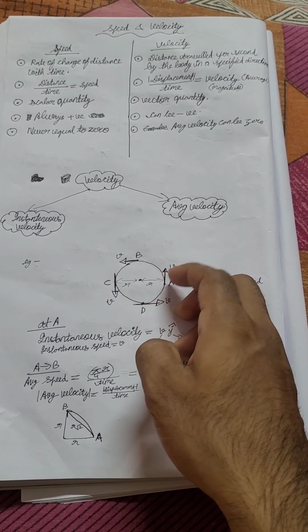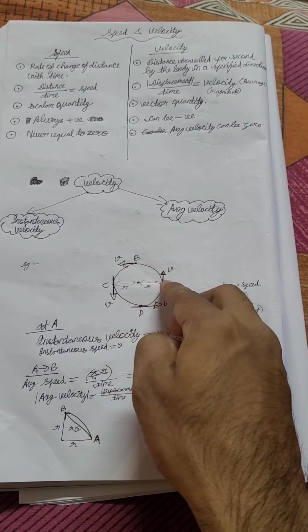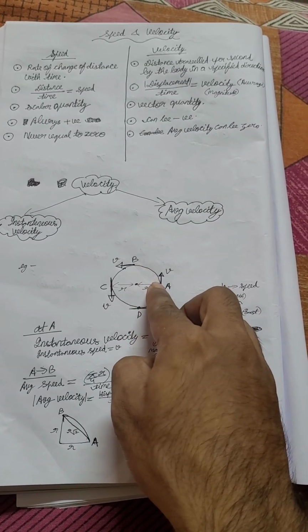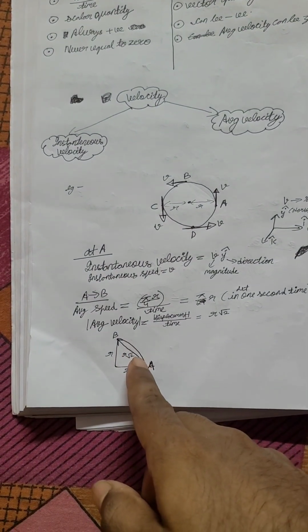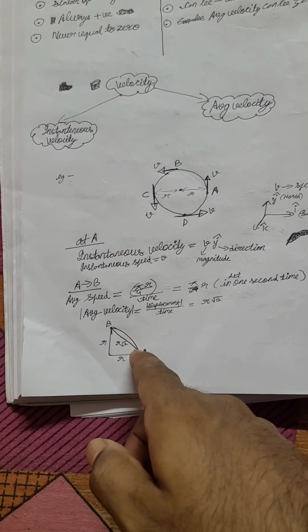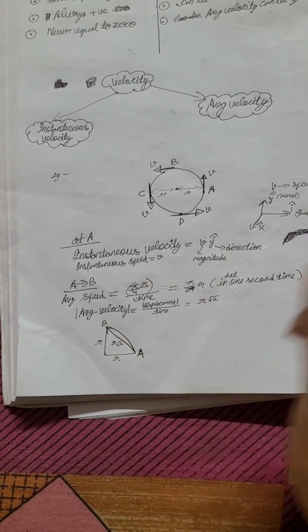But the average velocity means the displacement upon time. We have moved from this point to this point; the distance covered is this quadrant arc part, and the displacement is the straight line.